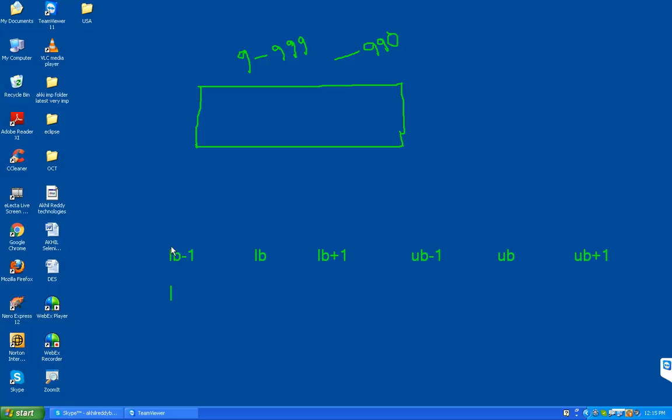Lower bound minus 1 is 8, lower bound is 9, lower bound plus 1 is 10, upper bound minus 1 is 998, upper bound is 999, and upper bound plus 1 is 1000.